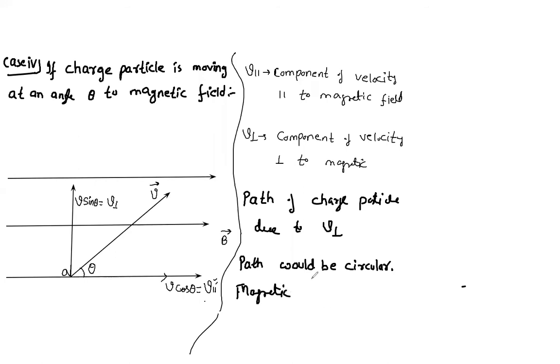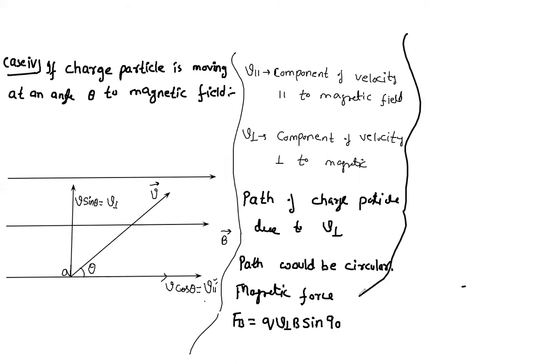The magnetic force on the charged particle is Q V perpendicular B sine 90. Sine 90 is 1. So the magnetic force FB is Q V perpendicular into B. That's my first equation.